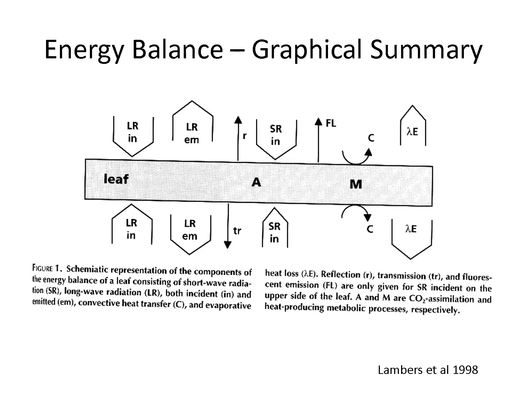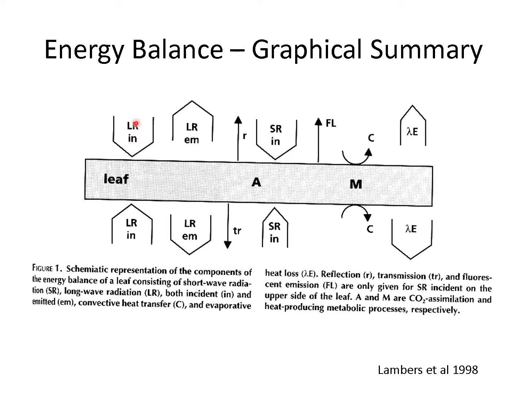So we can summarize the inputs and outputs of energy to a leaf with this diagram. This is a schematic of a leaf, and we can look at the energy inputs. Here we have long wave radiation in.